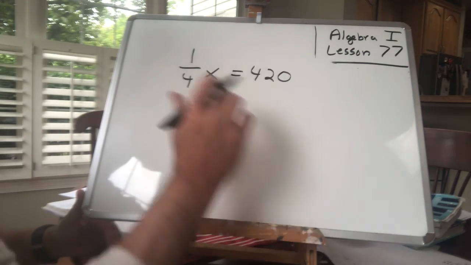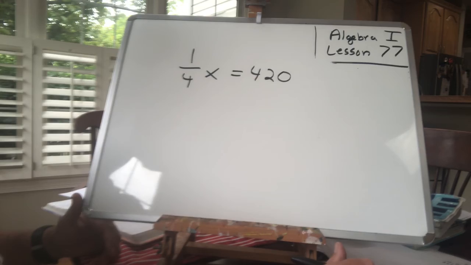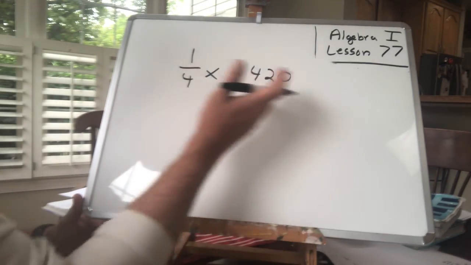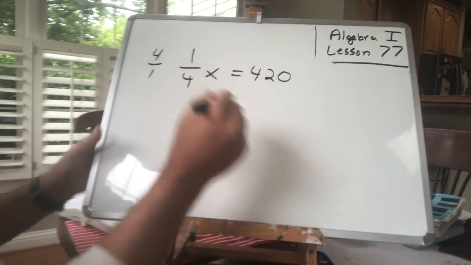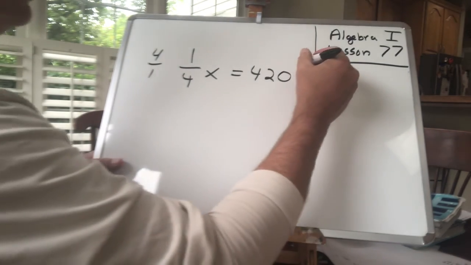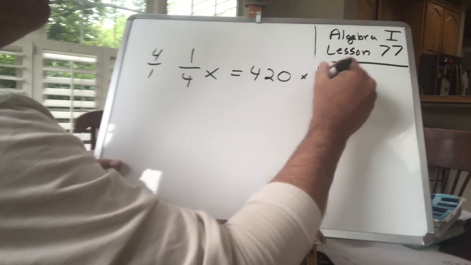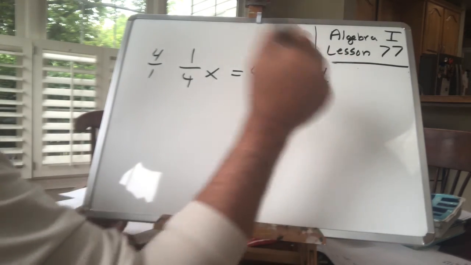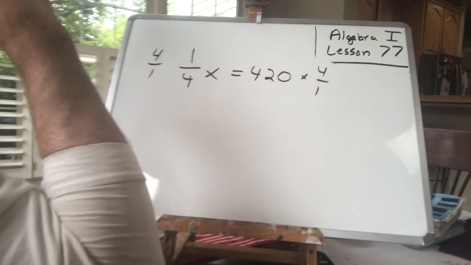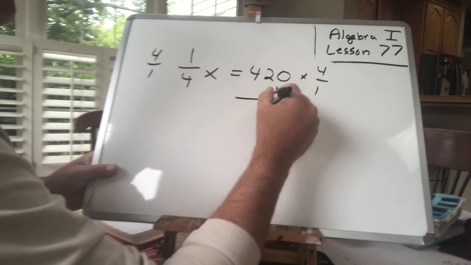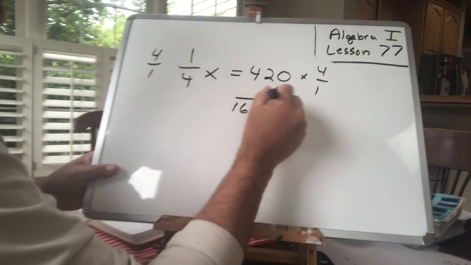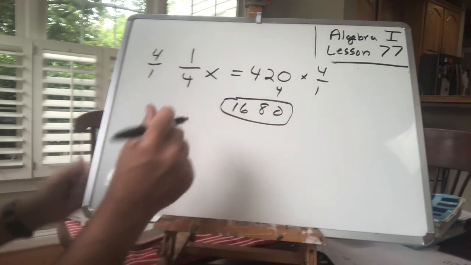I just don't know what the total number of tickets that were printed. You probably know how to solve this. I'm going to multiply this by 4/1, and I'm going to multiply this by 4/1. So basically my answer is going to be 420 times 4, and that answer is 1680.